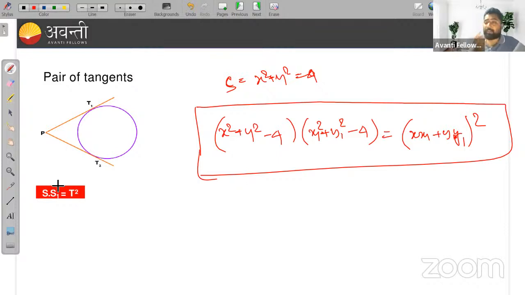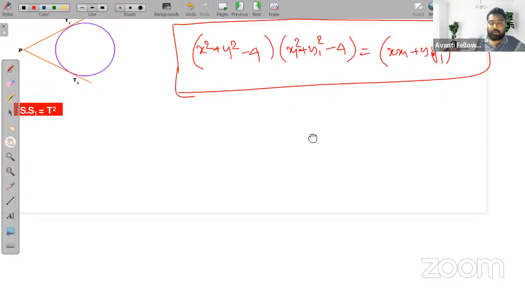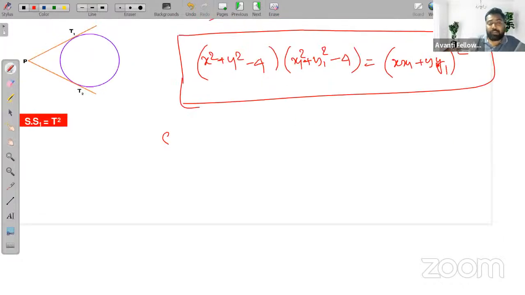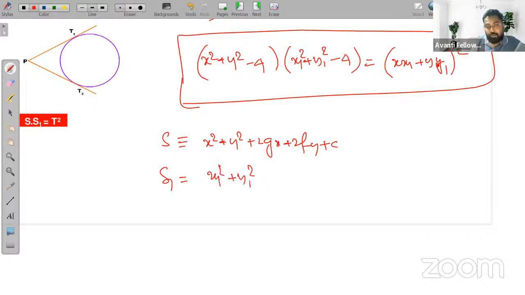Remember always the difference between all these things. S is actually the given circle, that is x square plus y square plus 2gx plus 2fy plus c is equal to 0. This is my S. And what is S1? The power of the point, that is x1 square plus y1 square plus 2gx1 plus 2fy1 plus c. This is my S1. And what is T?